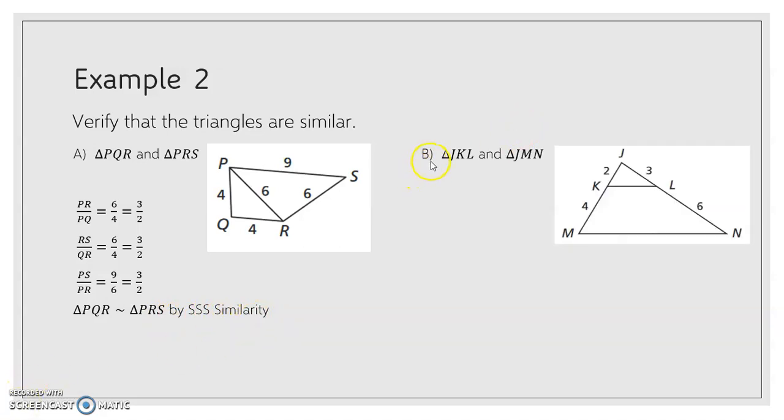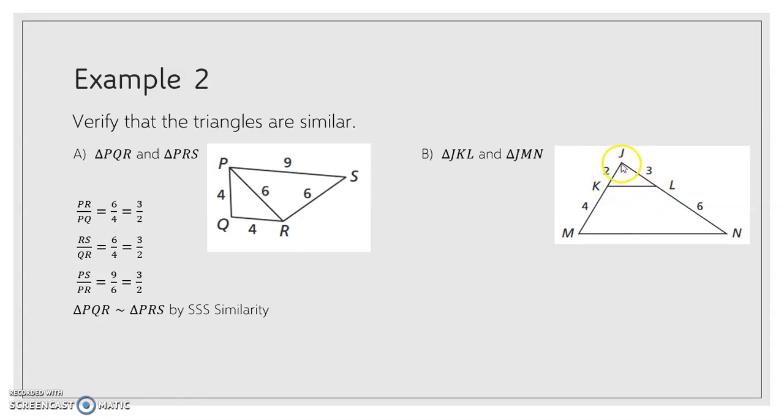So in part B, they asked us to find triangle JKL and JMN and see if they are similar. So in my picture, notice they've given me this side here, JK, and JL in the small triangle.